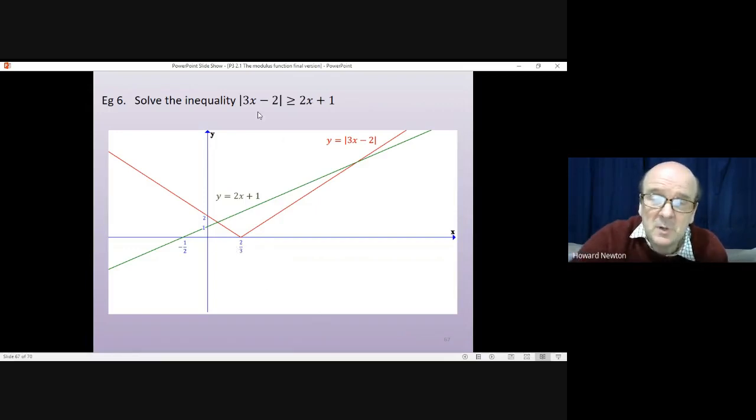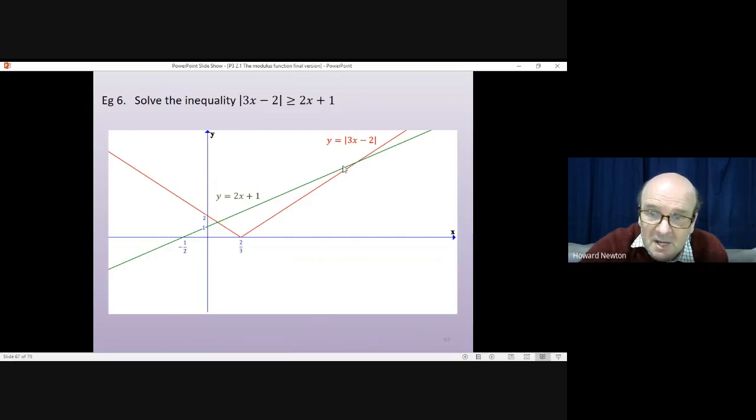But this time the question is saying, when is the modulus of 3x minus 2 bigger than or equal to 2x plus 1? Graphically, that's when the modulus is above the other line, the line 2x plus 1. So when the red line is above the green line.